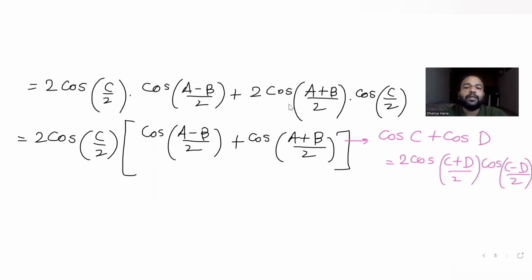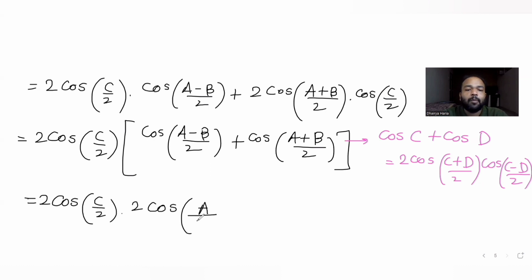So I can split this entire thing as 2 cos c by 2. This becomes 2 cos. Adding, you get a minus b plus a plus b. So minus b plus b cancels. You get 2a by 2, which is a by 2, into cos (a minus b) by 2, or (c minus d) by 2.